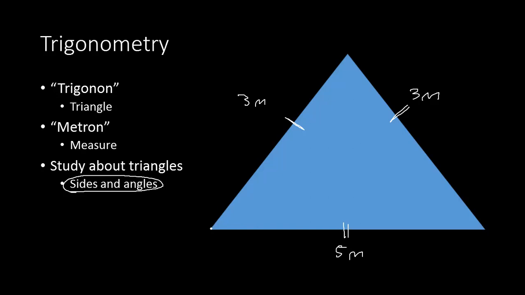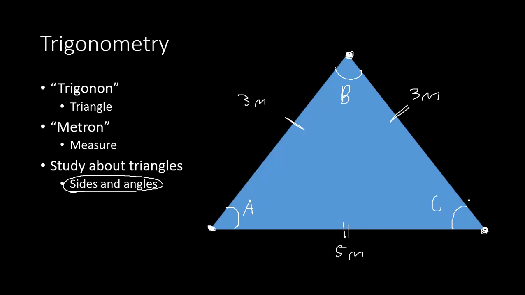Angles are located at the corners of the triangle, or at the vertices, in other words. Vertices is another word for corners. All right. So here, assuming this is angle A. On the top, this is angle B. And the bottom right, this is angle C.